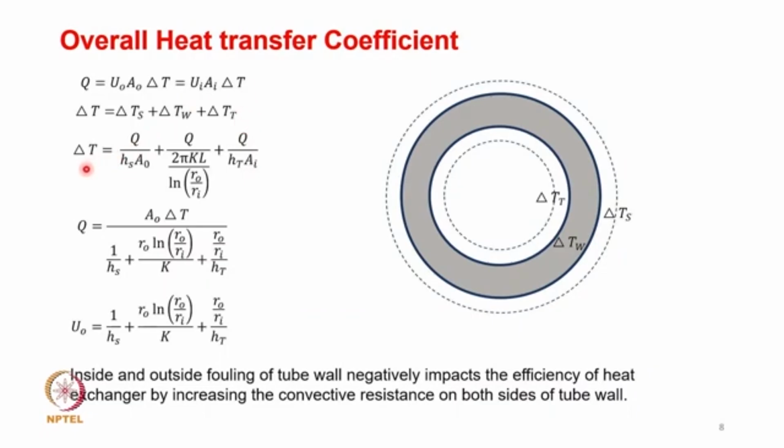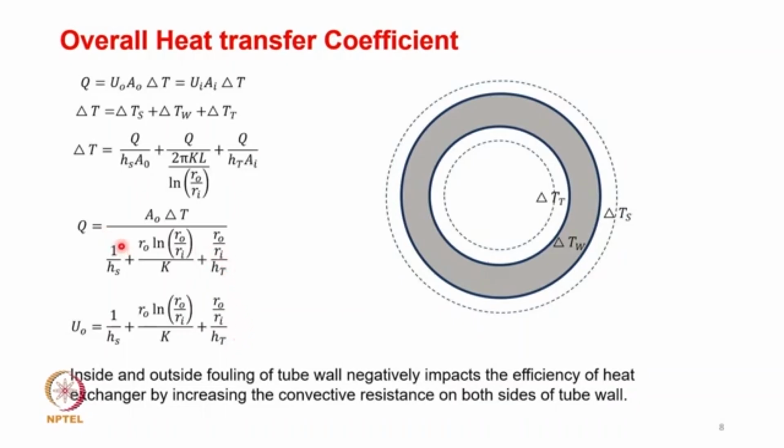Now we have the expressions of delta Ts, delta Tw and delta Tt from the previous slide, and we just sum them up, and that would result in the total temperature gradient, delta T. Now that expression is available, we can plug it in to get U naught, A naught, and delta T. So you have the terms A naught and delta T, and the remaining terms, which are a function of radius, would eventually contribute to the overall heat transfer coefficient.